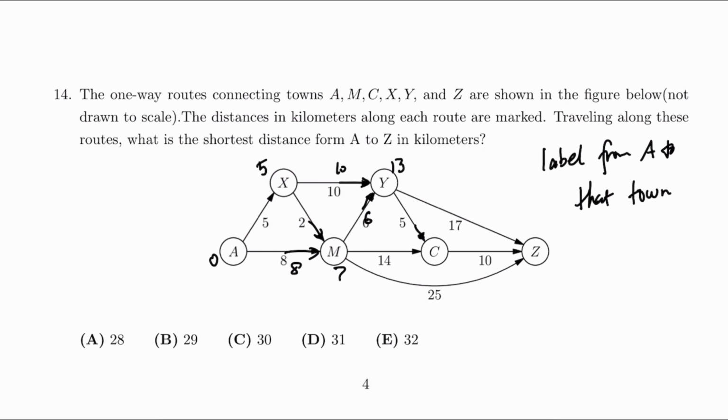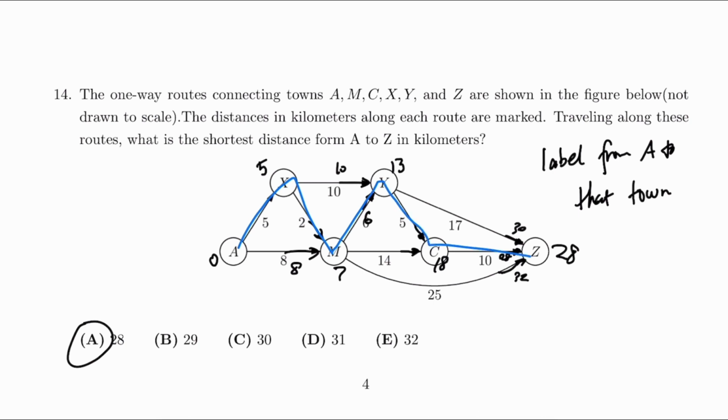To C, the shortest distance is either 7 plus 14 or 13 plus 5. So that's 18. Now to Z, the shortest distance is either 30, 28, or 7 plus 25, that's 32. So the shortest distance is 28, which is answer choice A. Now you might get lucky if you just did this route the first time through, which is actually this route over here.